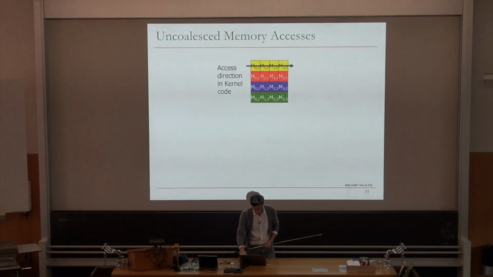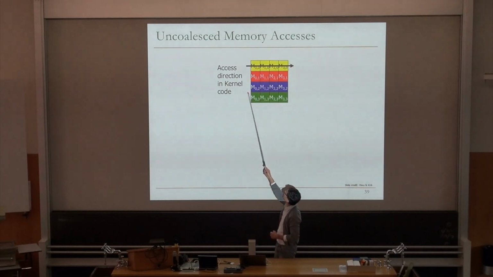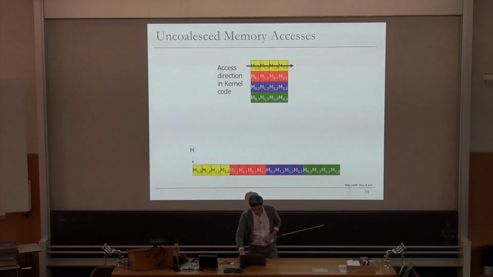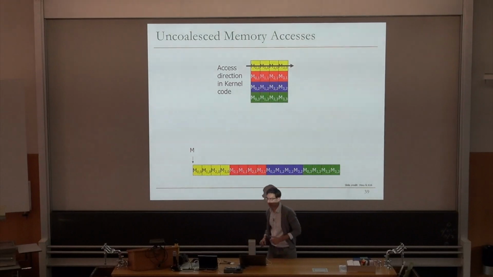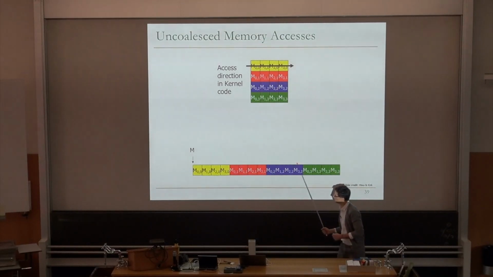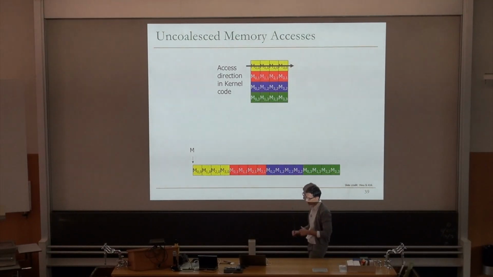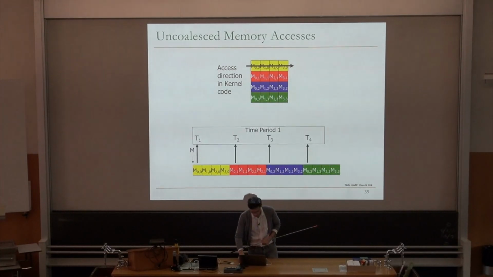Here you can see probably a more clear example. In the uncoalesced memory accesses, we have threads accessing by rows of this matrix, because the matrix actually lies in memory in this linear way, in a row major layout.